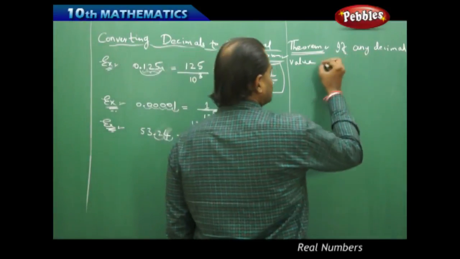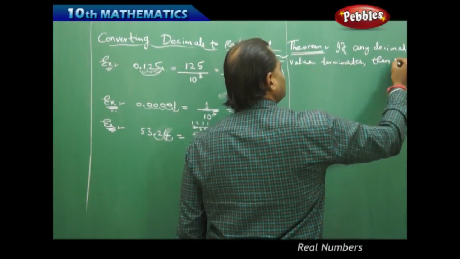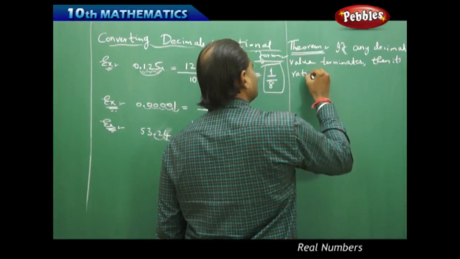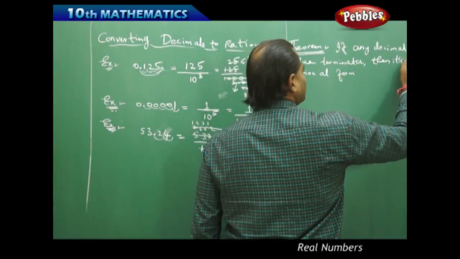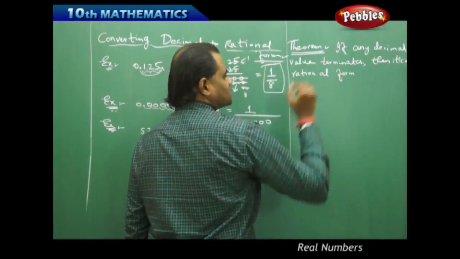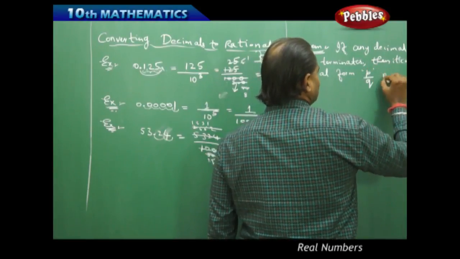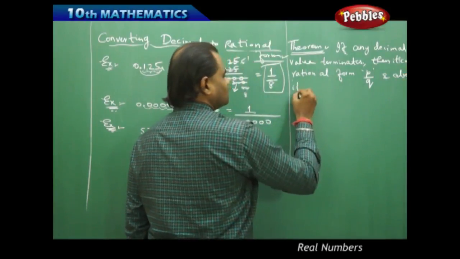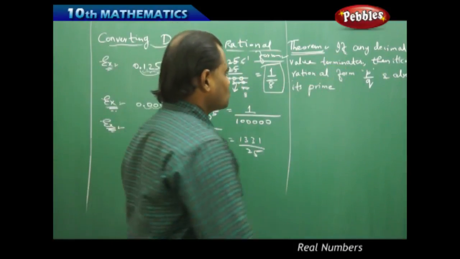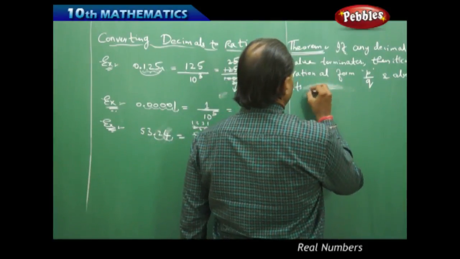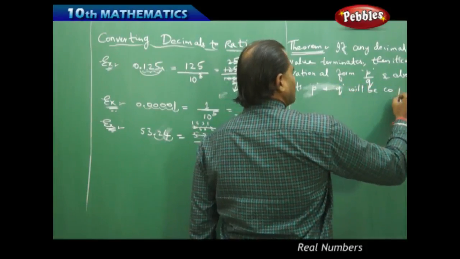So if any decimal value terminates, then it can be expressed in rational form P by Q, and not only that, its most simplified answer will be such that its P and Q will be coprimes.